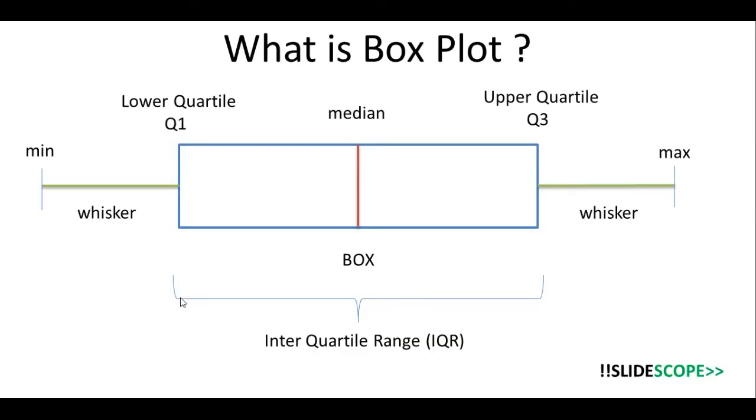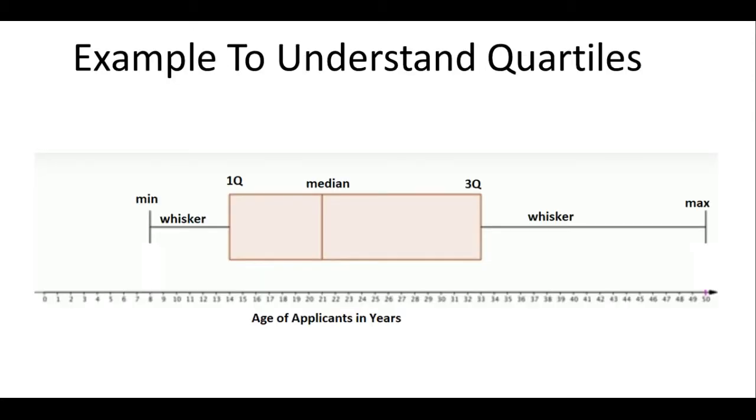From the standard definition of a box plot, we can see that the minimum value here is 8, the maximum value here is 50, the first quartile is at 14, the median is at 21, the third quartile is at 33, and again the maximum is at 50.